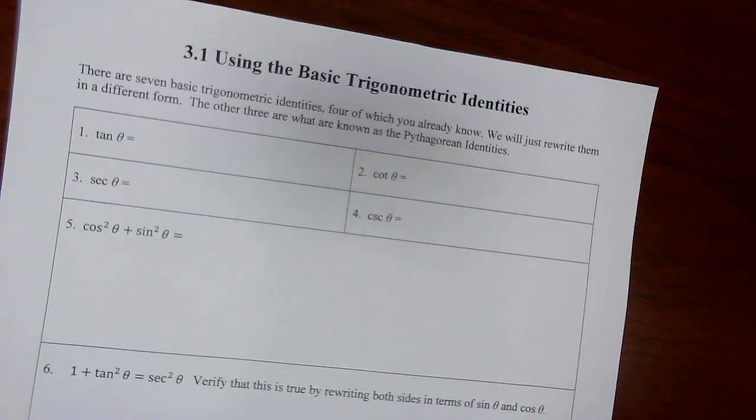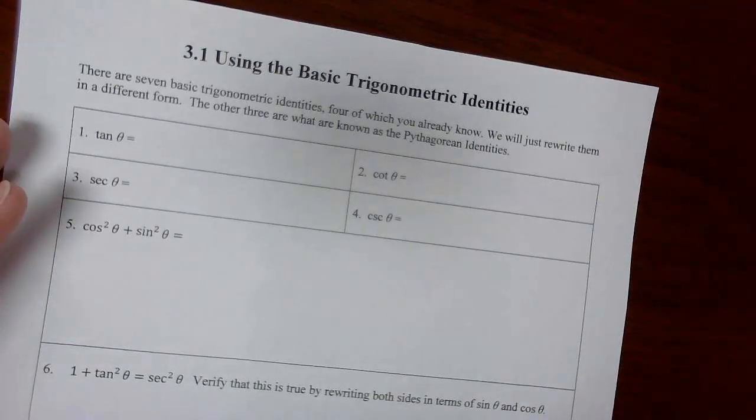We're going to start with some really basic ones. So let's rewrite some of the things we've already known. So tangent. Tangent was y over x.